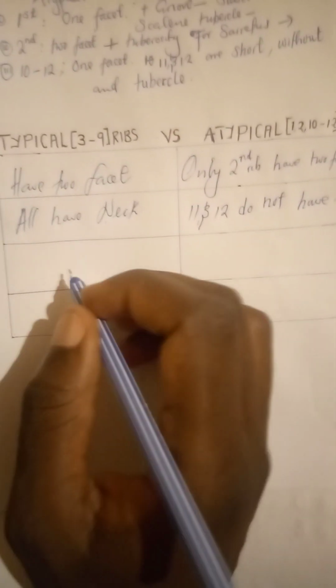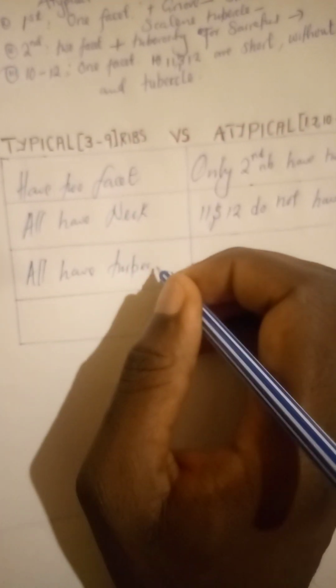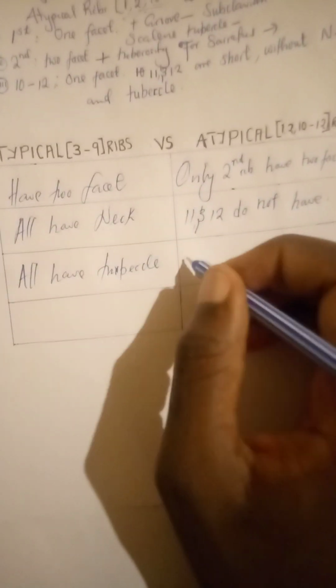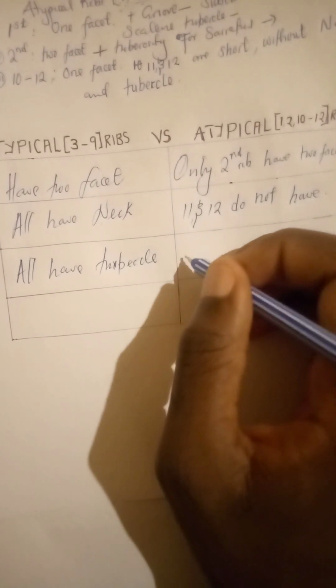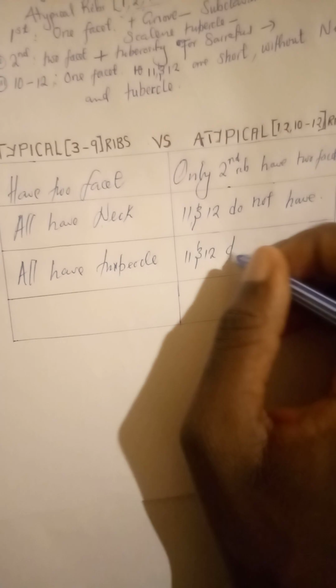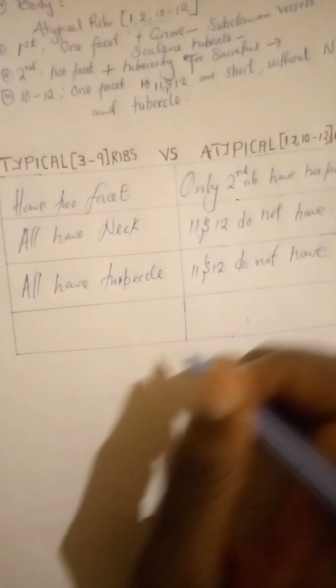And when you talk about the tubercle, the typical ribs all have a tubercle, but ribs 11 and 12 do not have it.